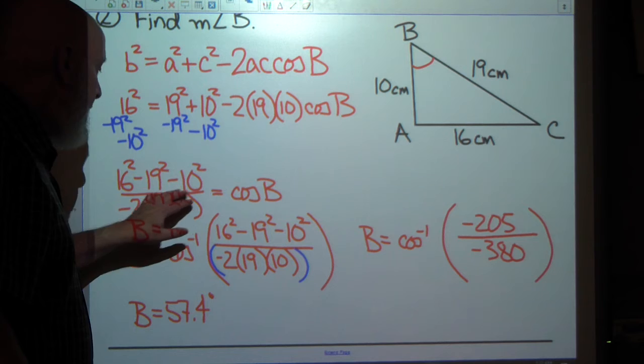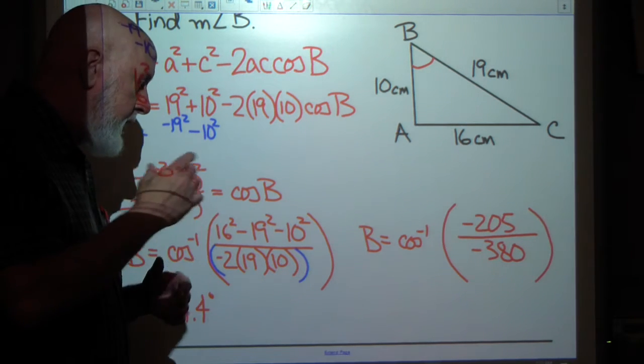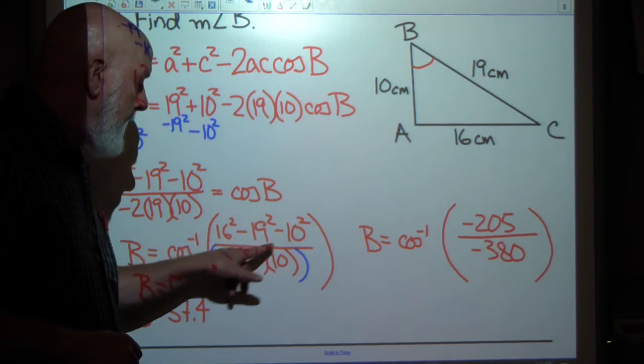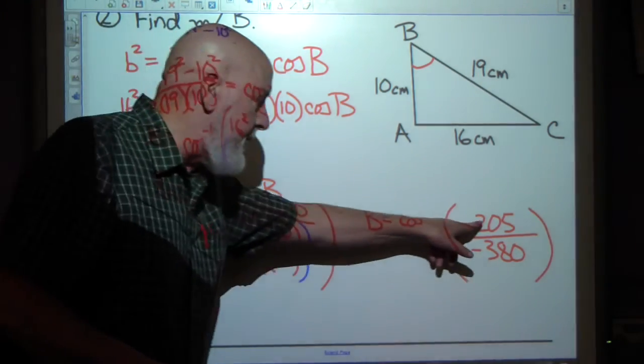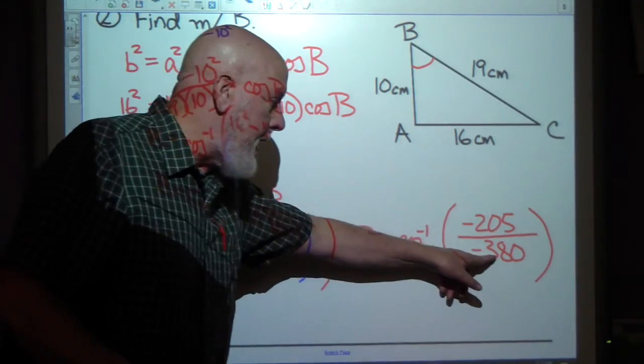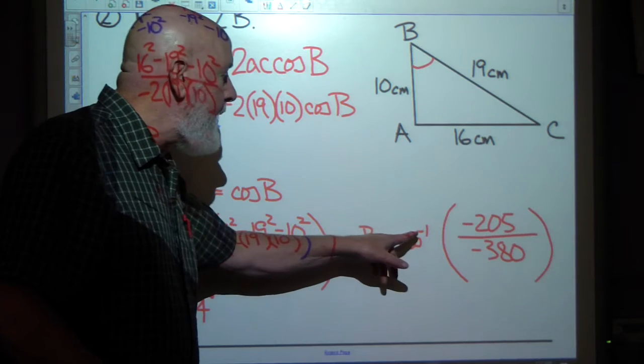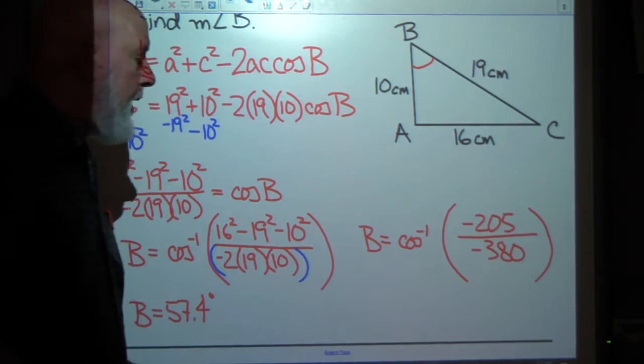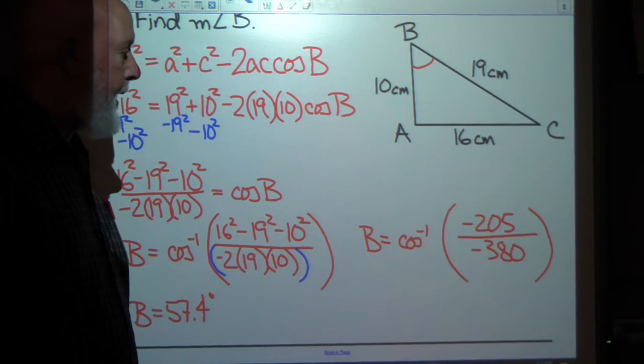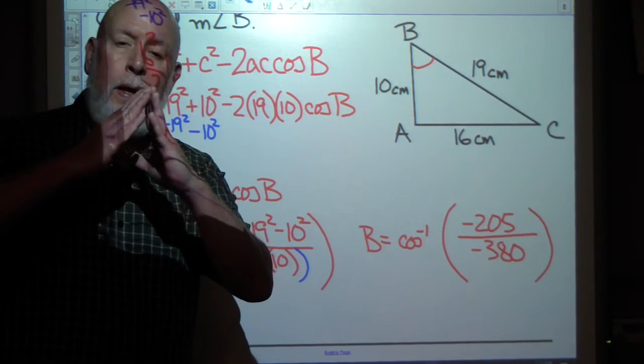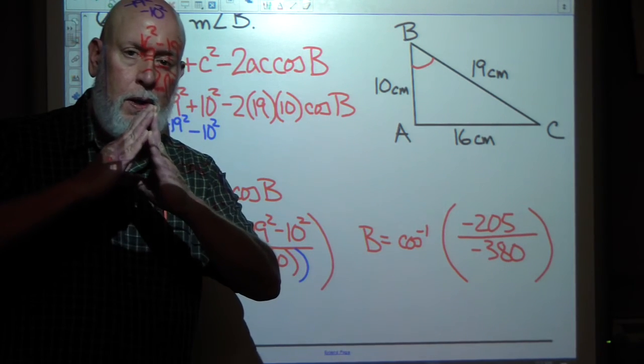Getting this into the calculator may be tricky. If you're not careful, you'll get the wrong thing in the calculator. You can do it like this, or you can say, okay, well, here's the top of the fraction, here's the bottom of the fraction, simplified, and then take the inverse cosine of this, enter it into the calculator like that. In any event, you can do this using the law of cosines.